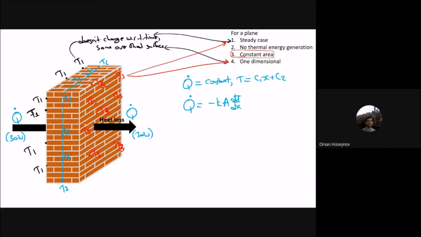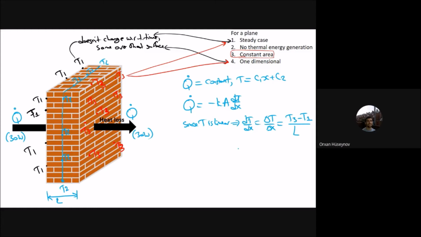Since T is linear, C1x plus C2, dT by dx will be the same as delta T by delta x. That will be equal to T3 minus T1, divided by the length of this wall, L, the thickness actually.